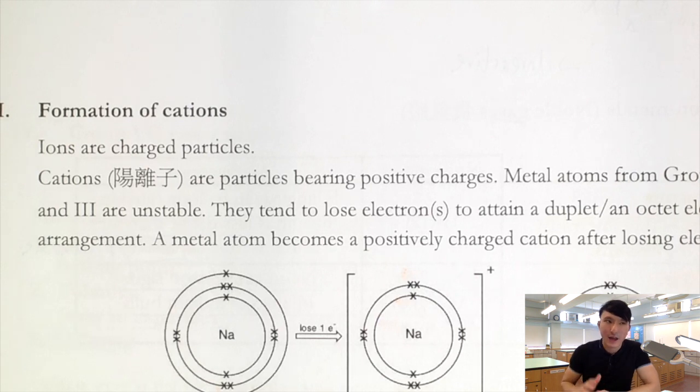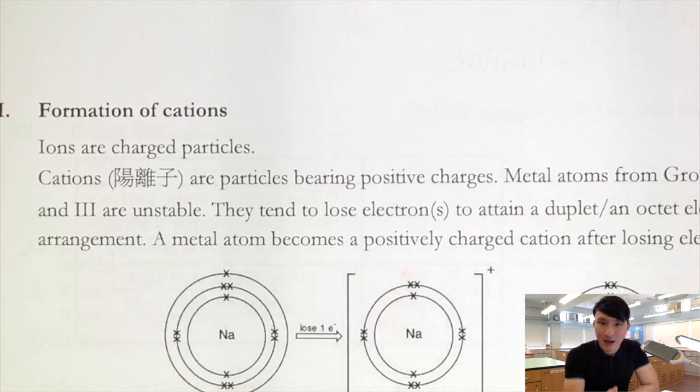Now, in chemistry, everything tries to do its best to become stable. Everything tries to achieve an electronic arrangement such that it is stable. So all the atoms except the noble gases try their best to get an octet structure or a doublet structure so that at the end of the day, they become very stable.